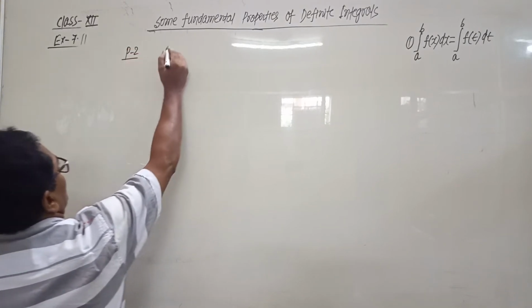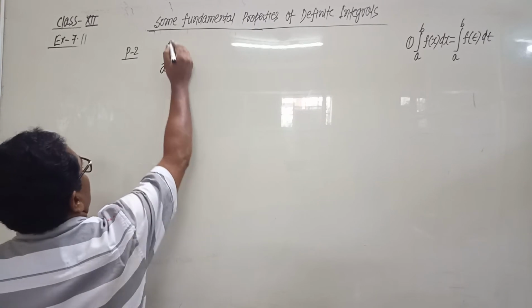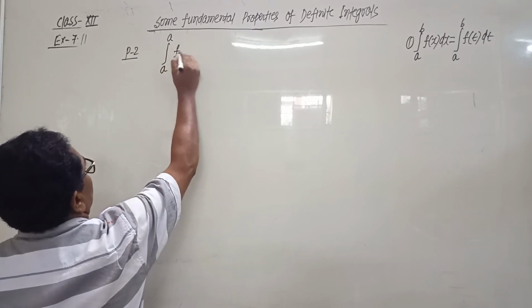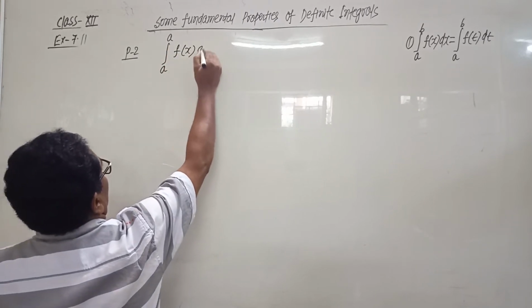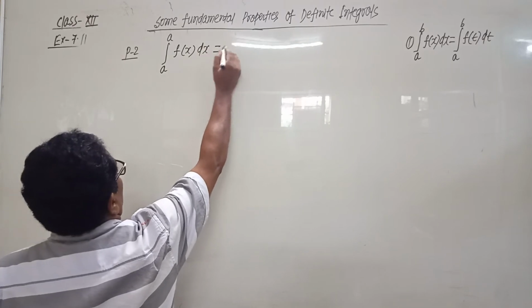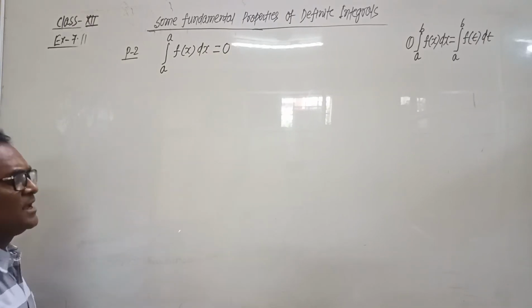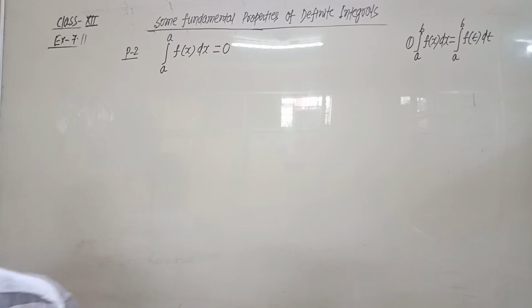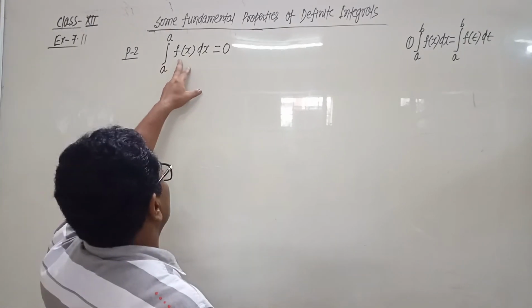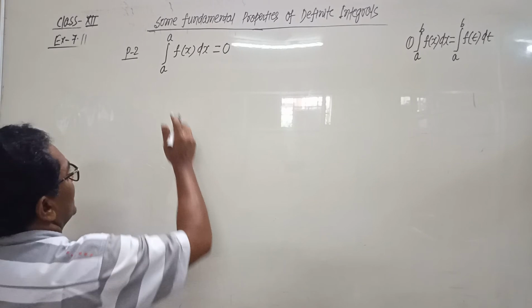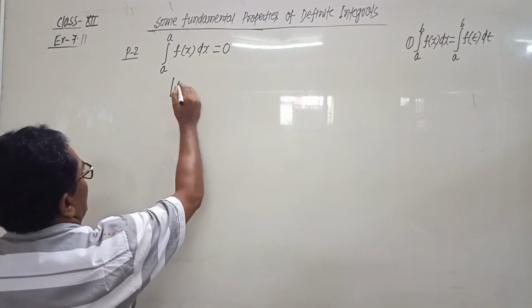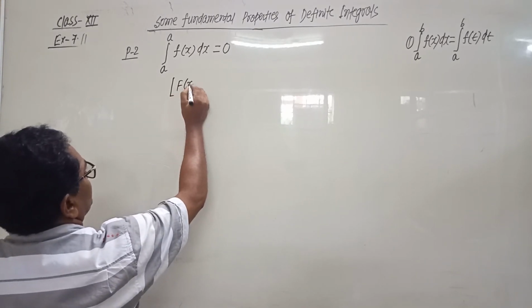Property number 2: integration a to a f(x) dx equals 0. It means if the lower limit and upper limit are the same, then the value of the integral must be 0. So integration f(x) dx can be written as capital F(x).